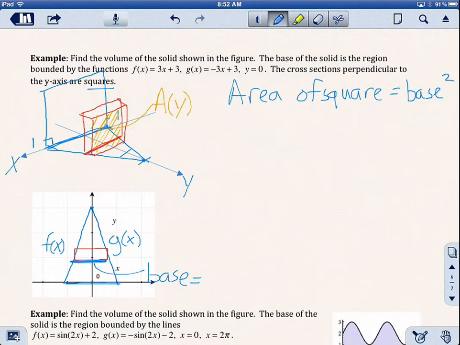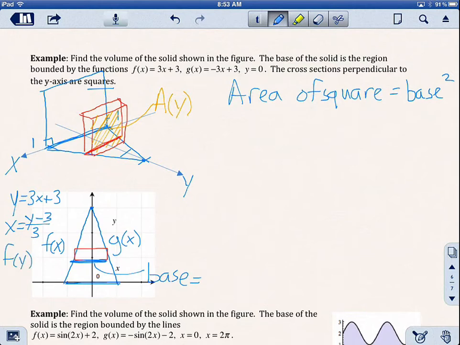So we really need to change all of these into functions of y. Okay, so for this one we had y equals 3x plus 3, and we need to solve for x. So notice we would subtract 3 and divide by 3, so we really have (y minus 3) over 3, and that is f of y.